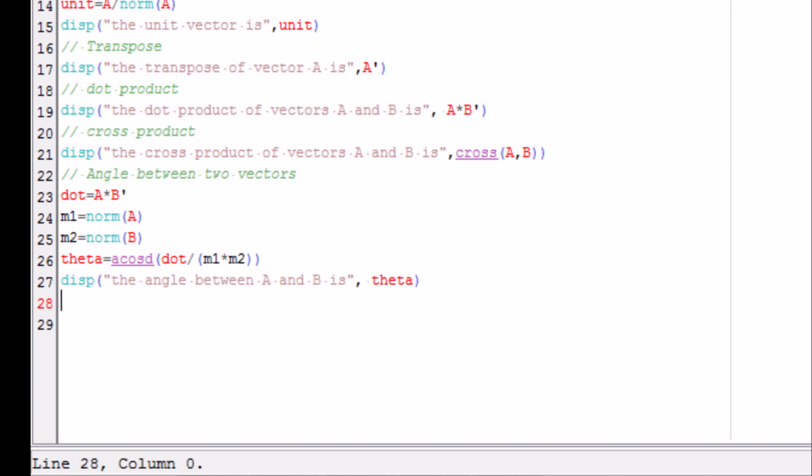This is one way. If we take the transpose and take the product A star B prime, then it will calculate the dot product.